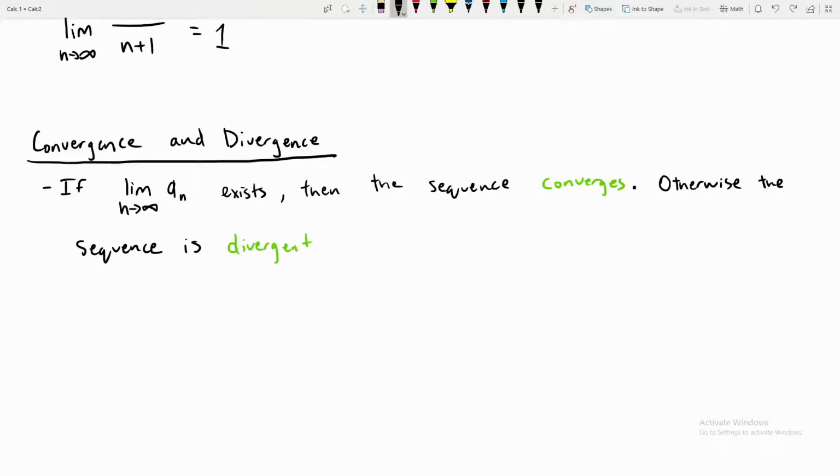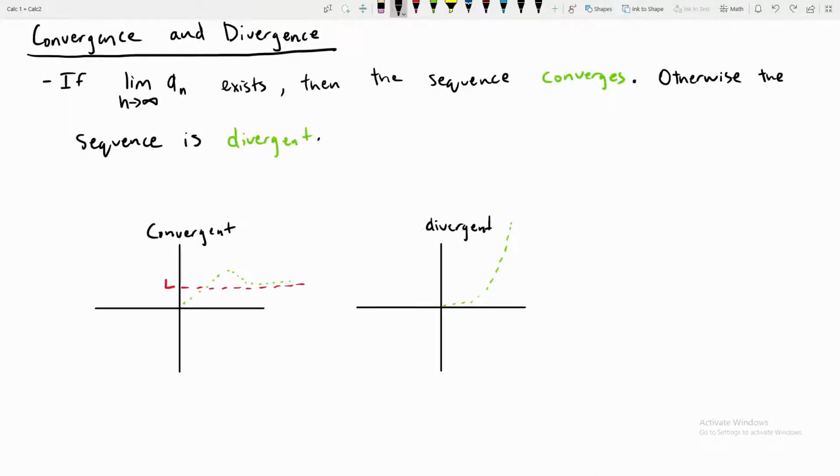Likewise, if the limit does not exist, then we say that sequence is divergent, or it diverges. For a convergent sequence, the terms actually approach a certain finite value, in this case we call it L, capital L right here. And for a divergent sequence, the terms would go off somewhere to infinity and basically be a value that we can't compute.